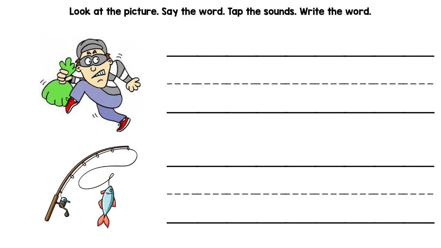The word is rod, like a fishing rod. Tap the sounds in rod. Now write the sounds on your paper. Push pause till you've completed this part of the worksheet.